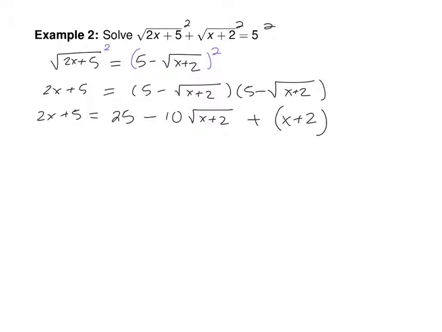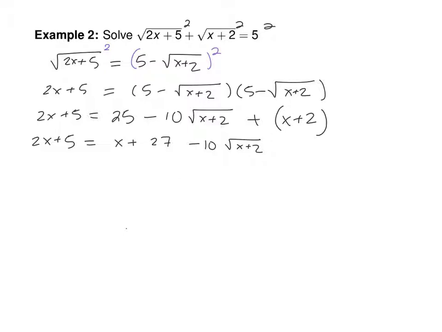All right, well, at least it's 2x plus 5 equals, let's see, x plus 27 minus 10 root x plus 2, right? Does that make sense? And you're thinking, well, at least I can get the x's and the constants together, right?